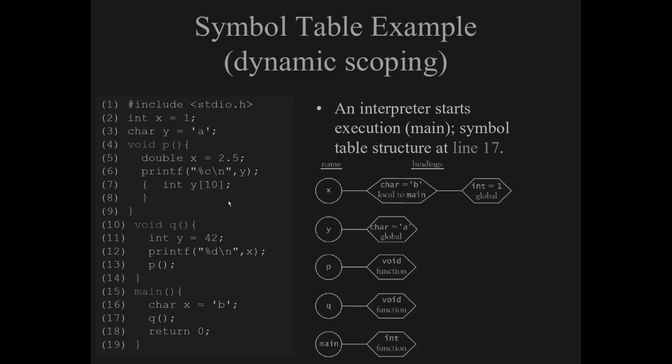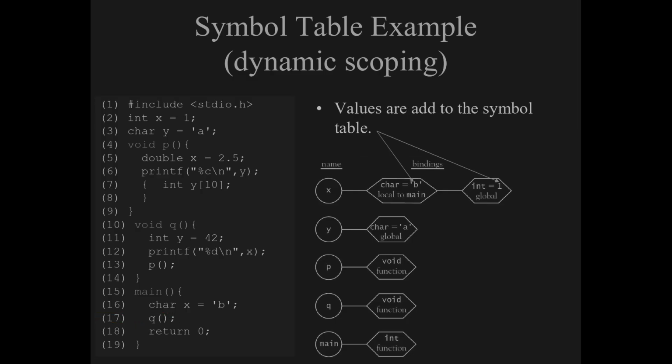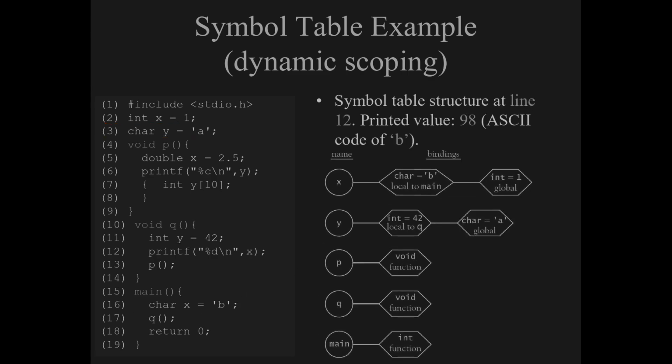Now, symbol table at line 17. This is what it looks like. The global variables are always added at the start, at the bottom of the stack, let's say. And whenever we get to this function call, we're going to jump over to here and we're going to see this declaration. We're going to add it to the symbol table, right?